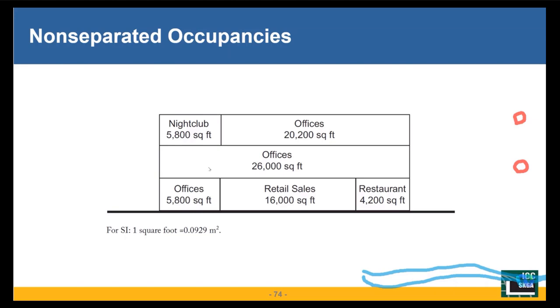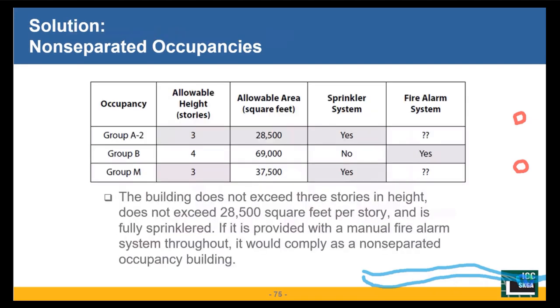For allowable area purposes, the building is 26,000 square feet for each story. The second story is 26,000 square feet. You can see the total of the third story and the first floor does not exceed 26,000 square feet. So does the building comply with the non-separated occupancy method used to regulate the mixed occupancy condition? Does this building comply with these occupancies and the square footage and the building height?